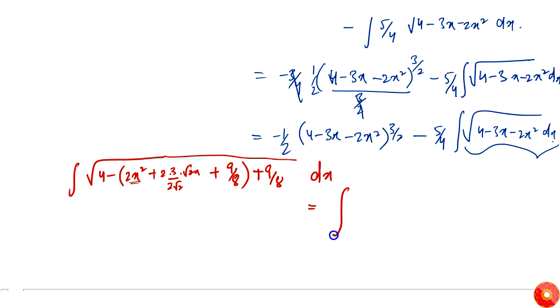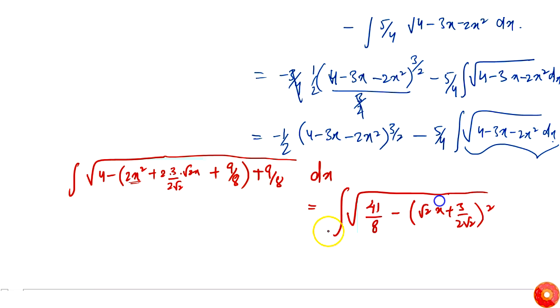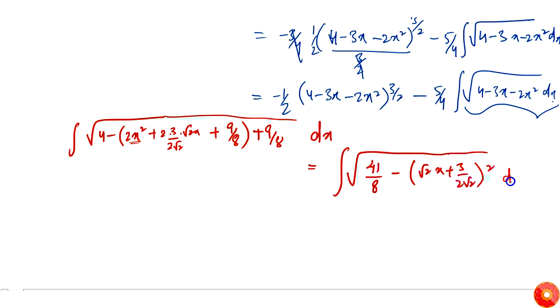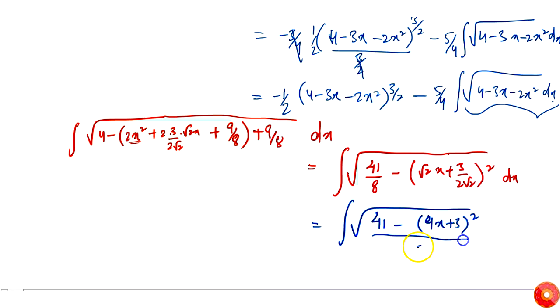Now this can be written as integral of square root of 4 plus 9 by 8 is 41 by 8, minus of this thing I can write as root 2x plus 3 by 2 root 2 whole square, into dx, which I can further write as integration of square root of 41 minus root 2, this is simply 4x plus 3 whole square by 8, into dx.